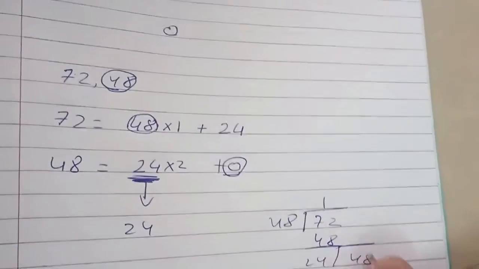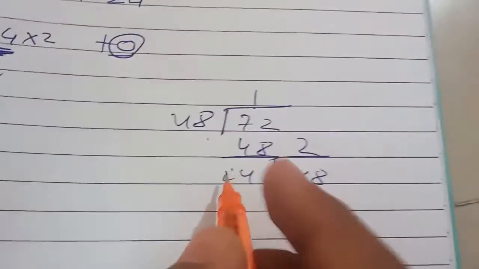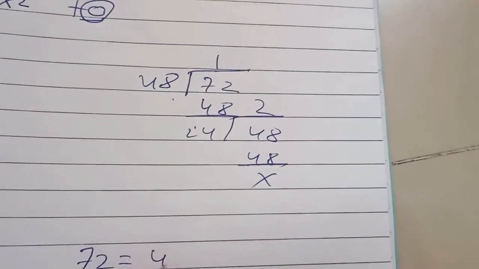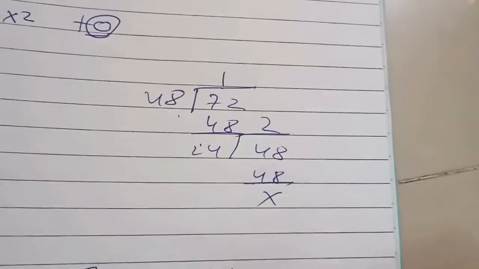24, 48. Okay, now you do nothing. Write this first division in the form of the division rule, that is 72 = 48 × 1 + 24.